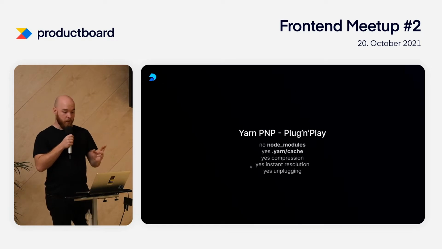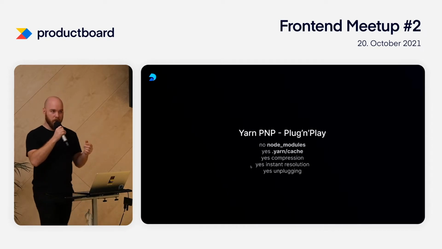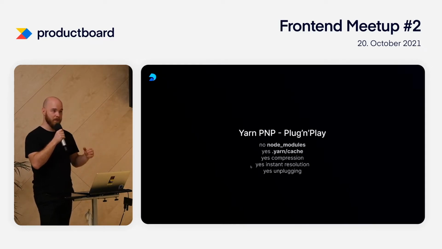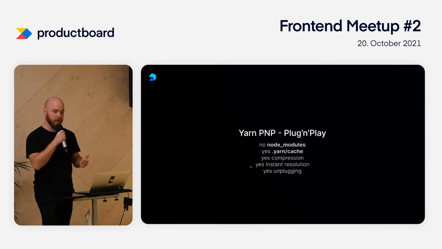So the speedup was in the IO operations. When you have like 5,000 modules in node modules, the least performant thing is the IO, so loading files, saving, or mostly loading files.